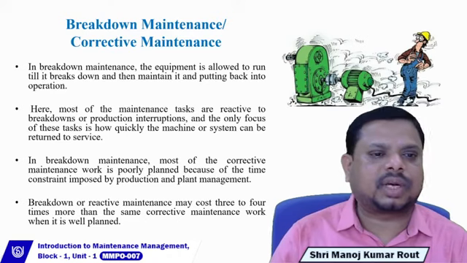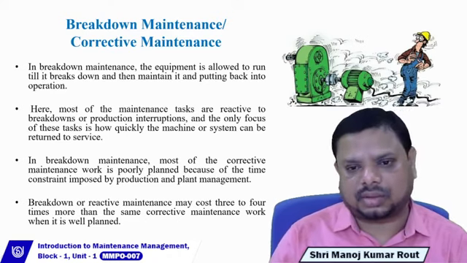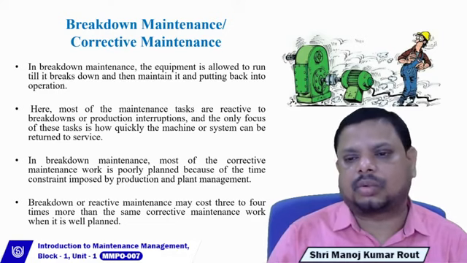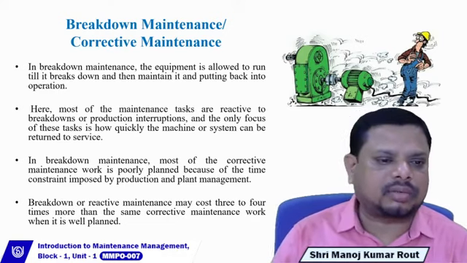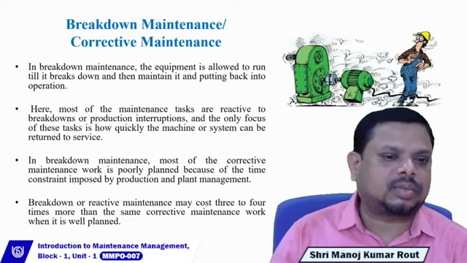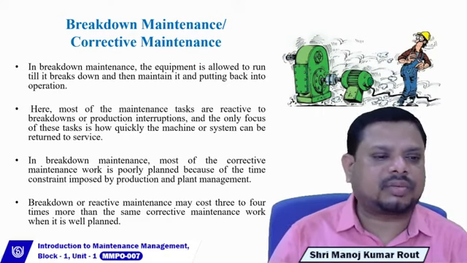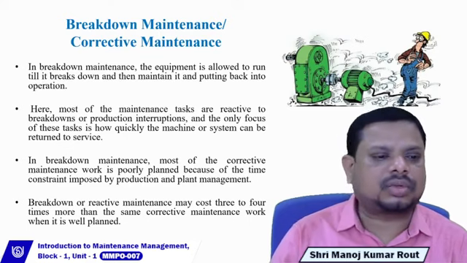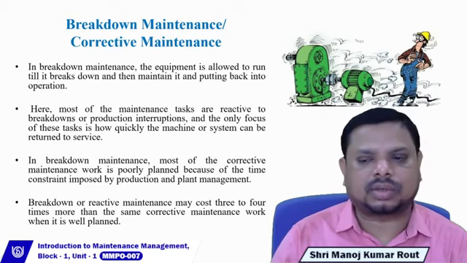In that case, with breakdown maintenance, you cannot fix any kind of machines without the skilled operator, without the proper equipment, or without any kind of safety. So in that case, most of the maintenance tasks are reactive to the breakdowns or production interruptions. The only focus of these tasks is how quickly the machine or system can be returned to service.